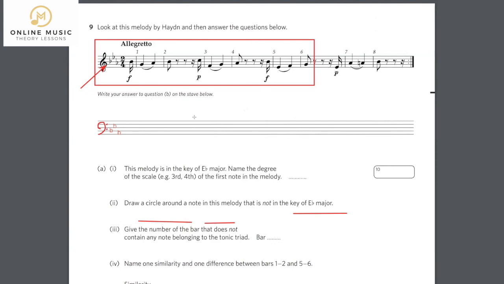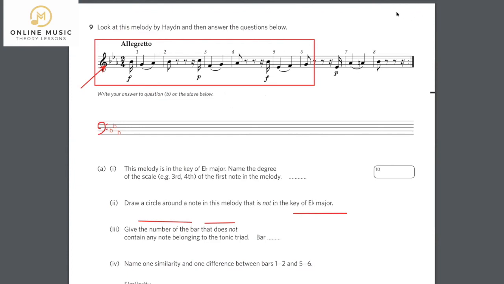Okay. So again, don't forget the dynamic markings, bar numbers, and the tempo here. So we have a B flat here to start with, and it does say an octave lower. So the octave lower would actually be the one below middle C, wouldn't it?